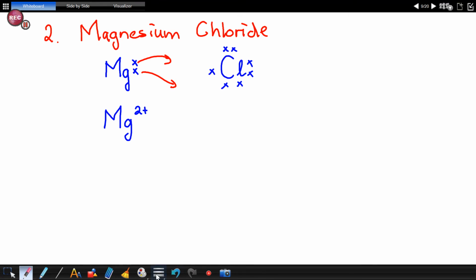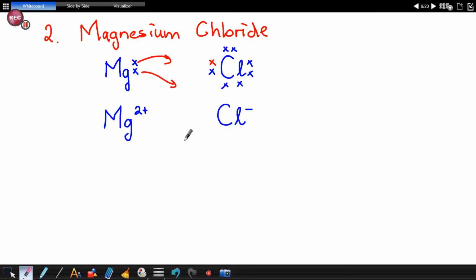Only one electron. So chlorine can only take one electron. Where will the second electron go? Can't share. Where will it go?